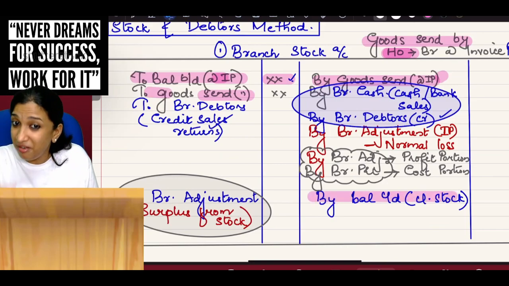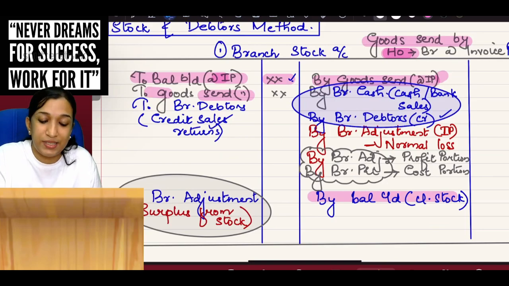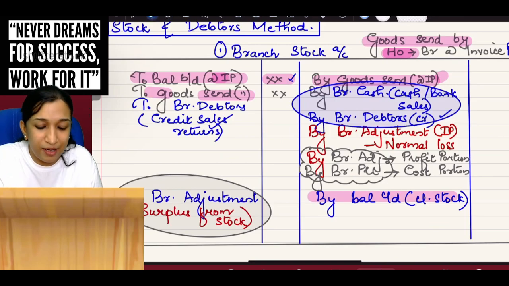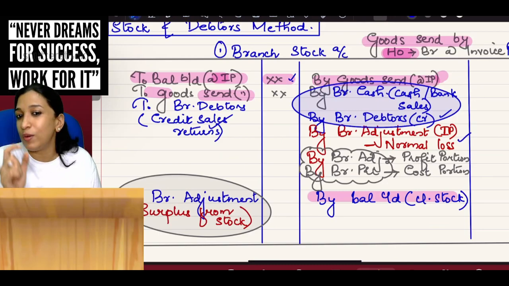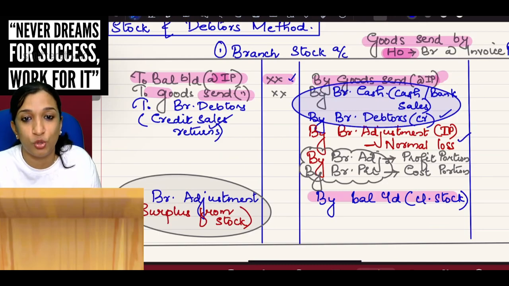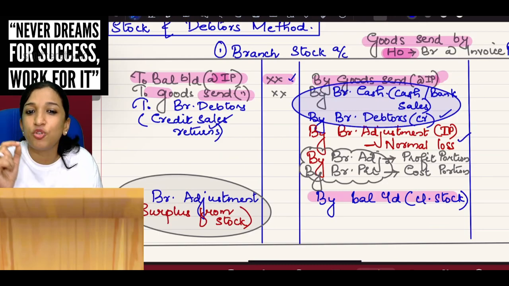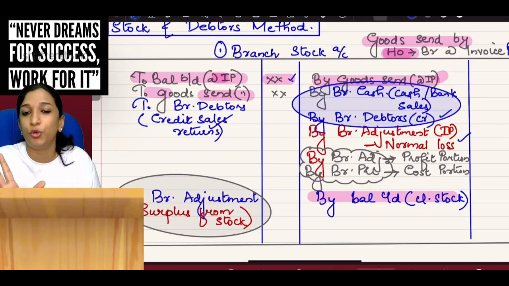Closing stock. But before that, in most of the questions there can be an adjustment on normal loss. If my question says there is normal loss, you have two options. First option is ignore normal loss.